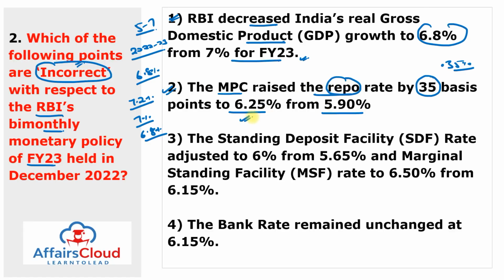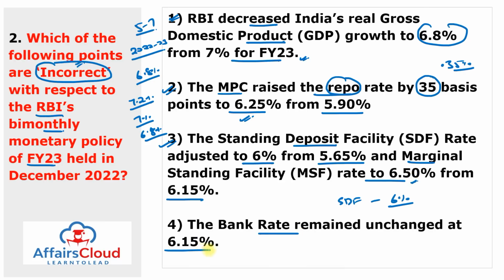Repo rate is now 6.25%. The standing deposit facility rate adjusts to 6% from 5.65% and MSF or the marginal standing facility rate to 6.50% from 6.15. This statement is also true. So remember, SDF is now 6% and MSF is now 6.50%.